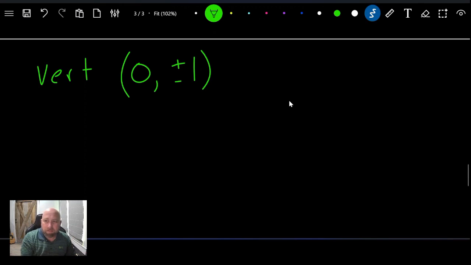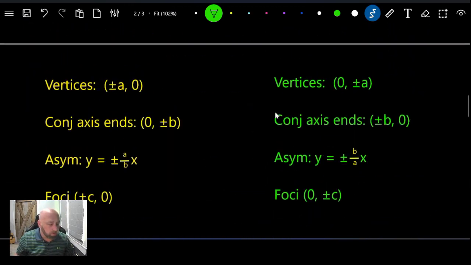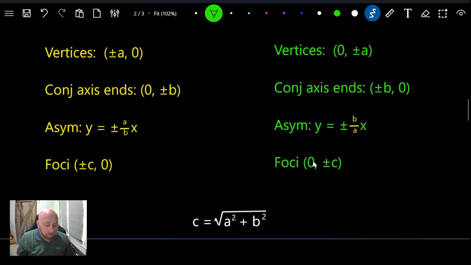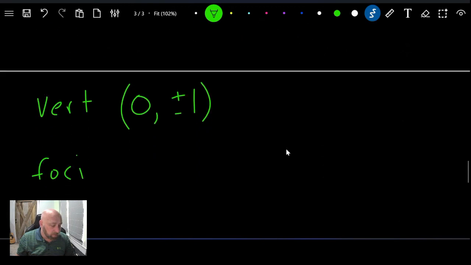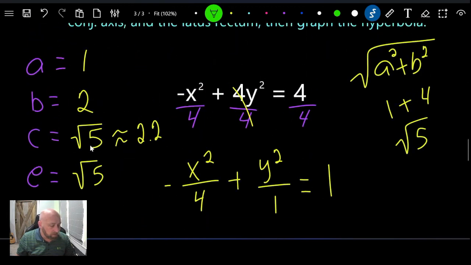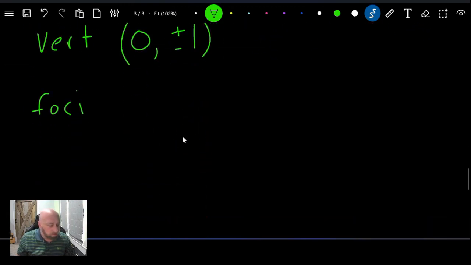All right, the next thing that we need is the foci. And the foci points were, going back up here, 0 plus minus C, so we'll do that. And C was 2.2. We'll use that. So it's just easier. So 0 plus minus 2.2. There's the foci.